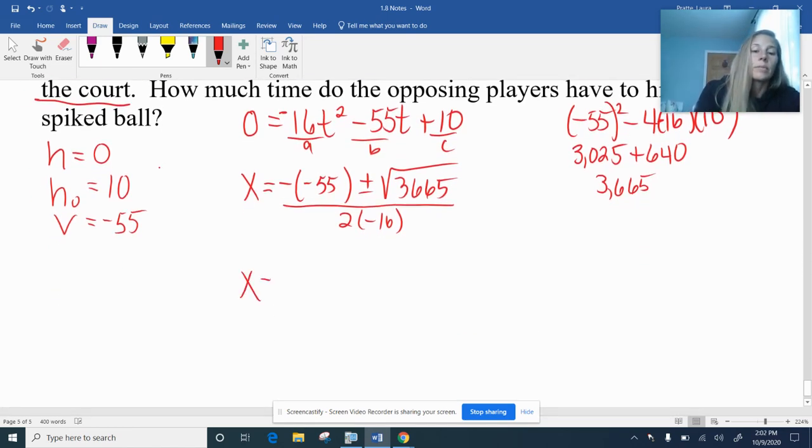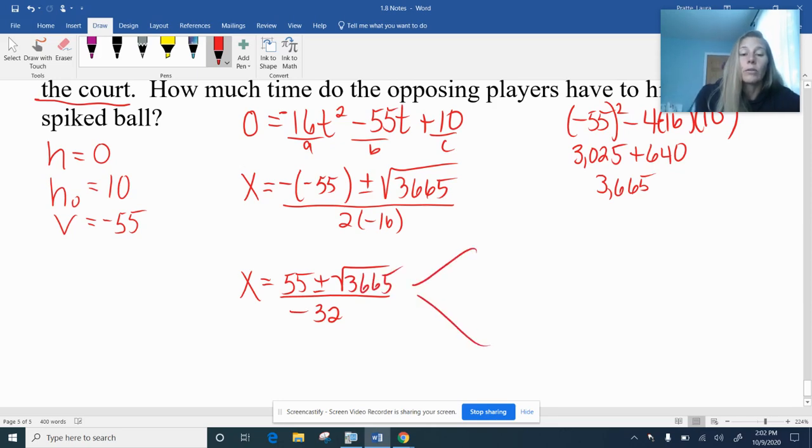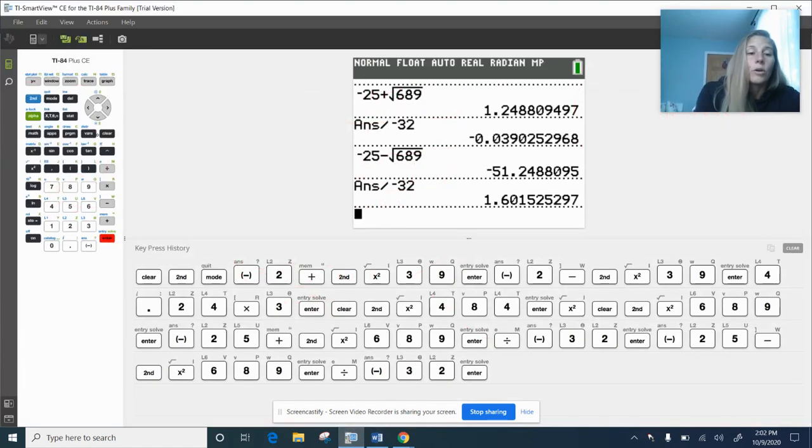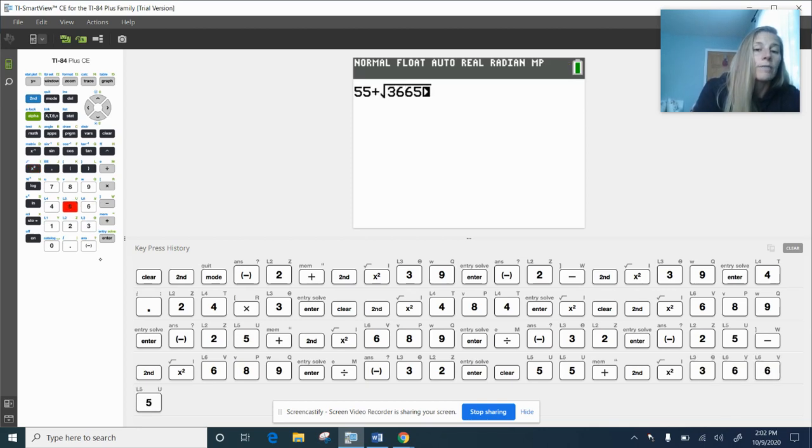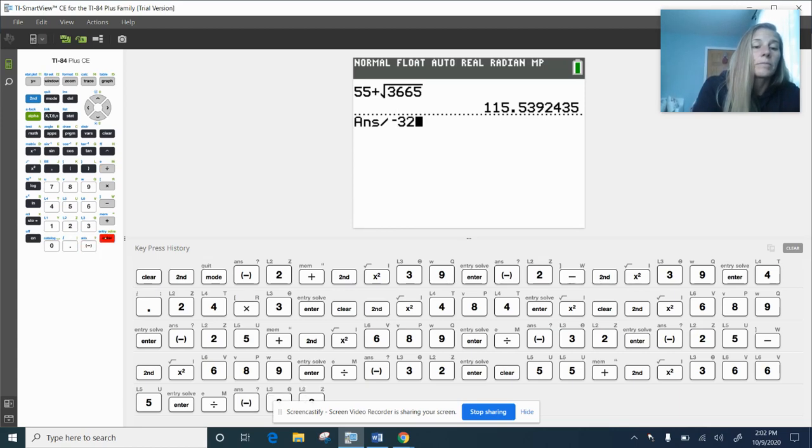So of course we simplify this to just 55 and negative 32 on the bottom. And now you can put those two different options in the calculator. So if you're going to do 55 plus the square root of 3,665, make sure you hit equals before you divide it by the negative 32.